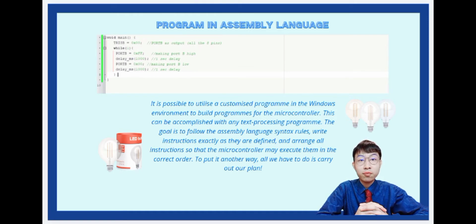The key is to follow the assembly language conventions, write the instructions as they are defined, and arrange all the instructions in a way that the microcontroller is able to execute them. To put it another way, all we need to do is carry out our program with this idea.